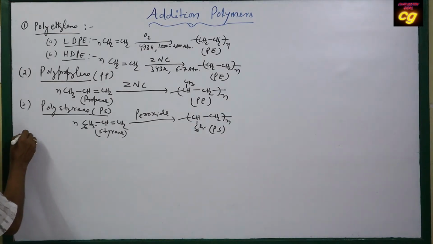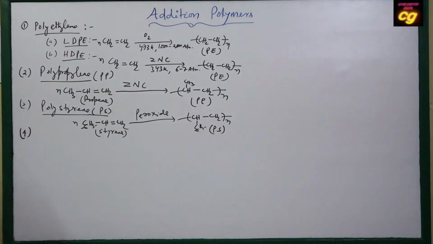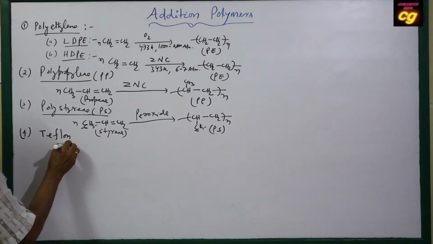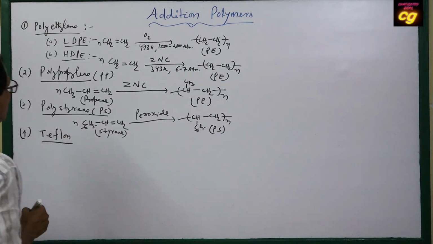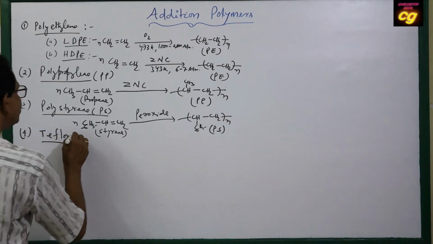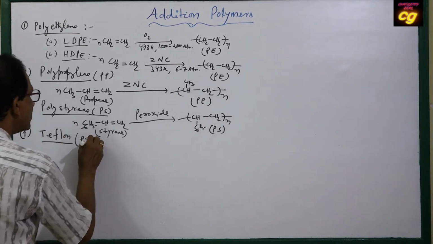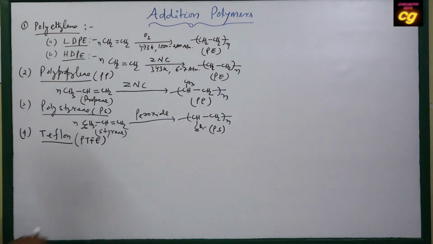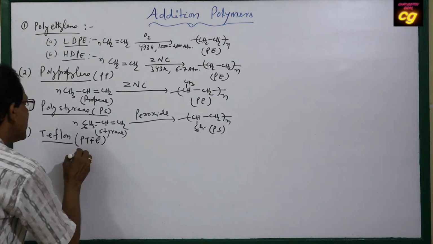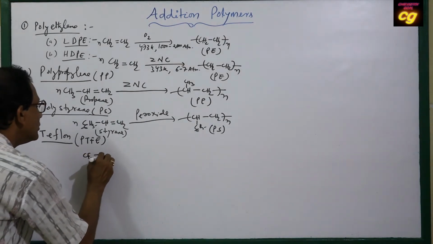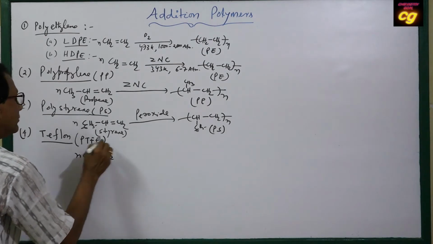Then after polystyrene, another important polymer is Teflon. It is also called polytetrafluoroethylene, short form PTFE. The monomer is CF2=CF2, N number.